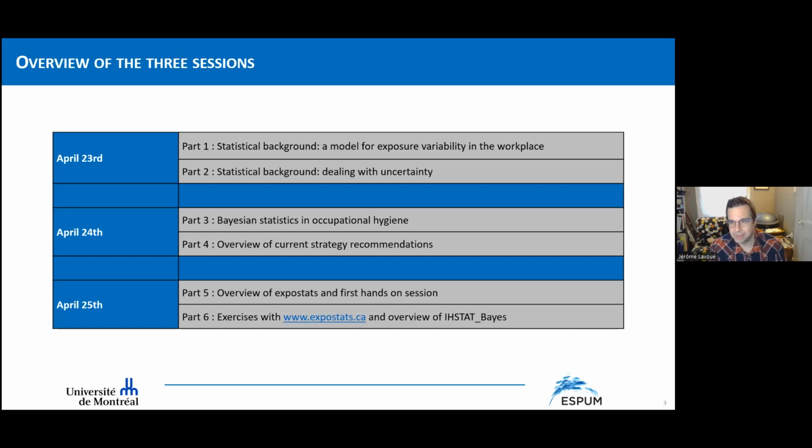And the end of the morning, I'll try to make a short summary about some key elements of some current recommendations for sampling strategies and data interpretation procedures or schemes. And tomorrow would be more practical.